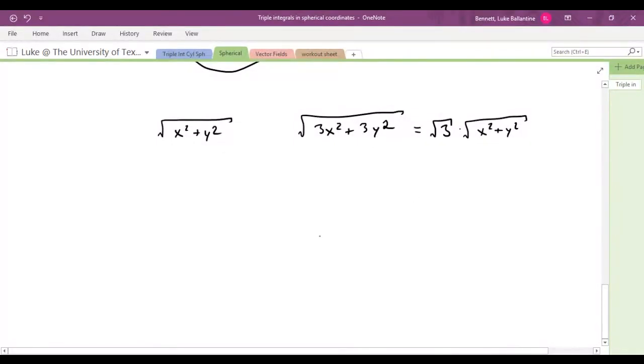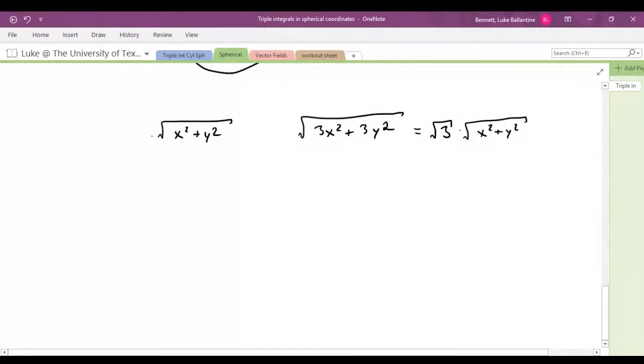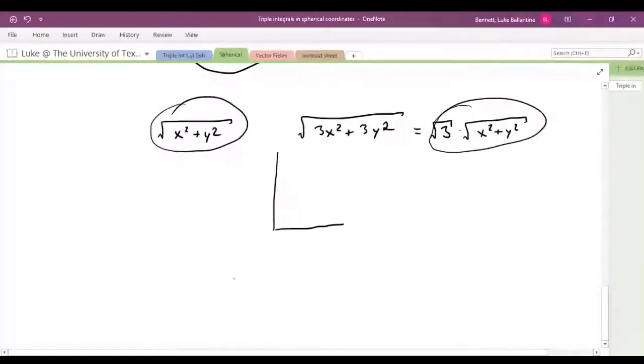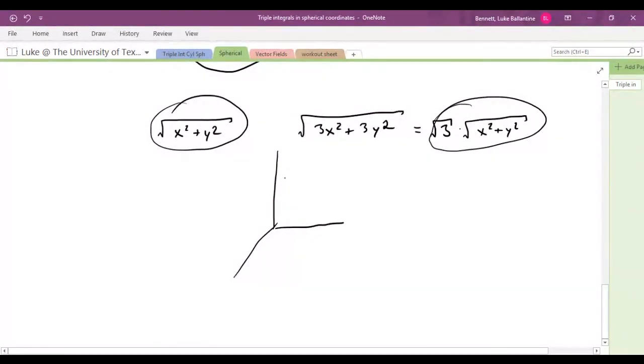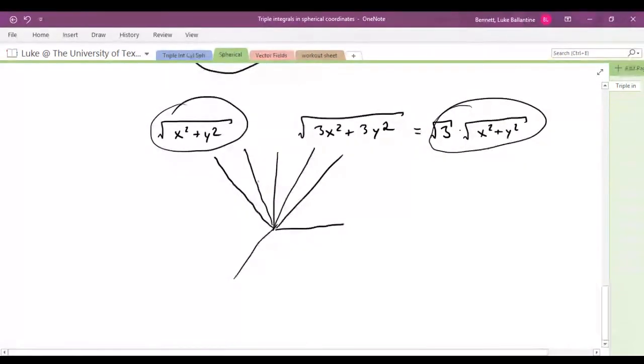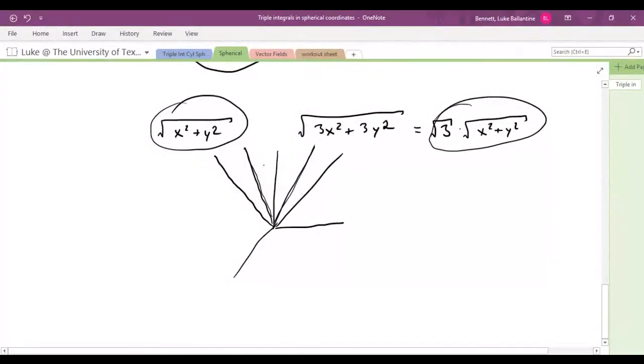We have a less steep cone and a more steep cone. So what this will look like, you're not going to be integrating from 0 to some height like we have been doing. Rather, you'll be integrating from lower cone to upper cone. The more steep one, the sharper angle, is the root 3, and the lower one is the less steep, the square root of x squared plus y squared.